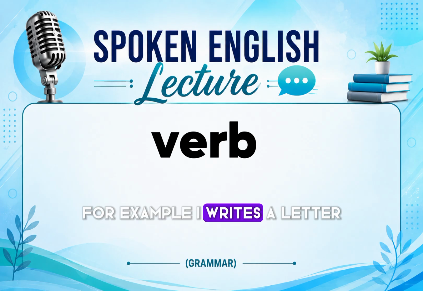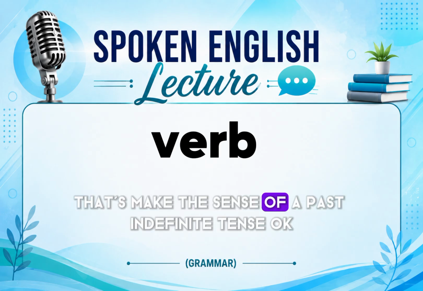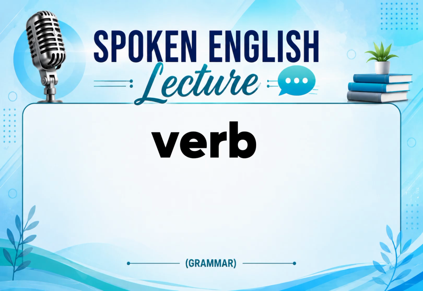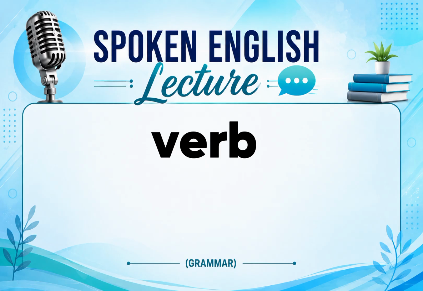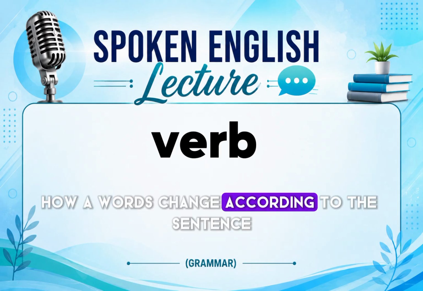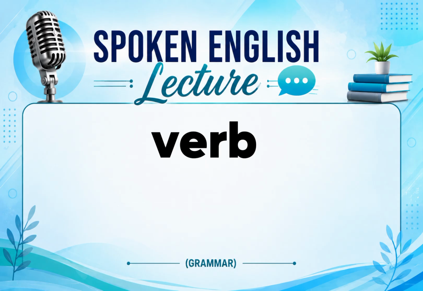For example, I write a letter. I wrote a letter, which makes the sense of past indefinite tense. I have written a letter. I am writing a letter. She writes a letter. Observe how verbs change according to the sentence or according to the tense.